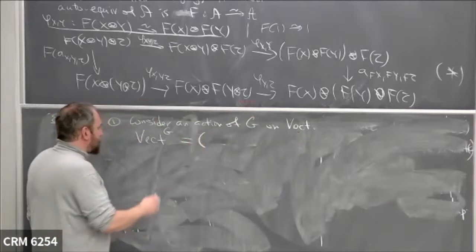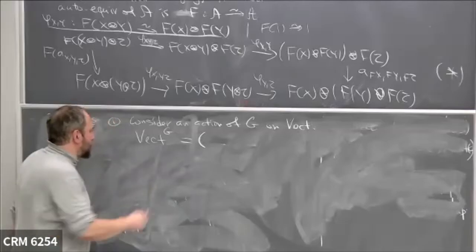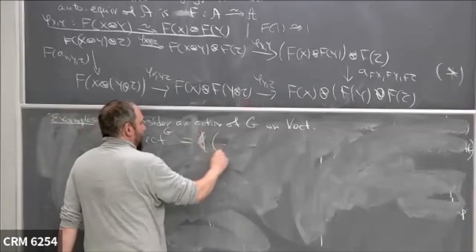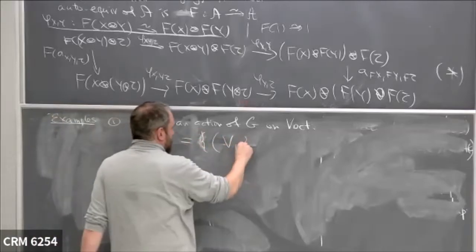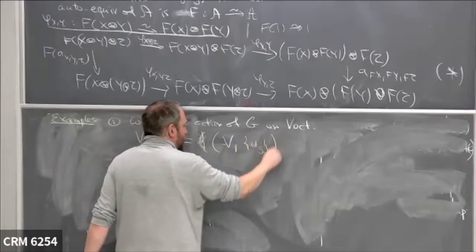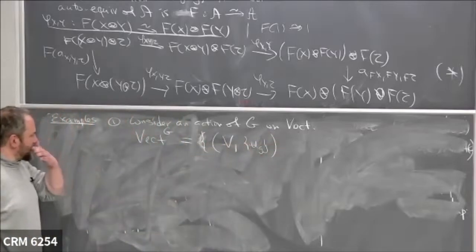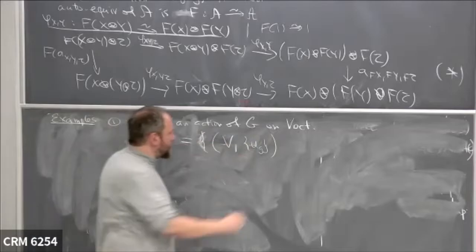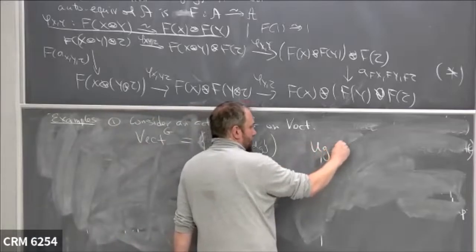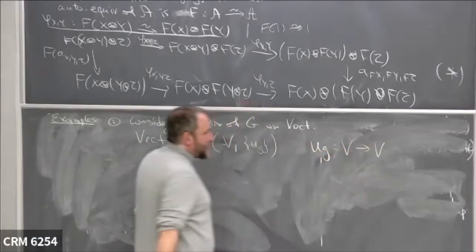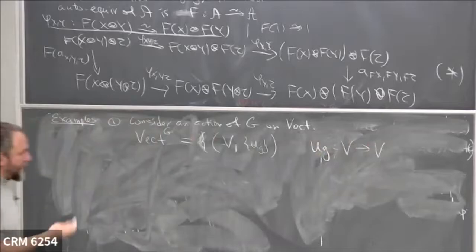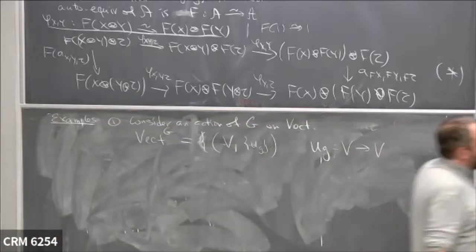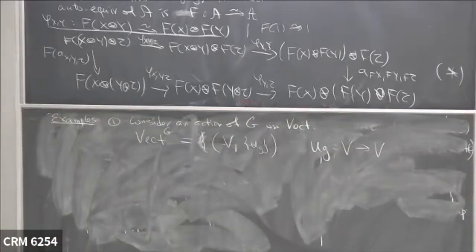Well, by definition, its objects are pairs: a vector space V along with this collection of isomorphisms U_g from V to V. Now, the diagram that we wrote here tells you that this map U_g is a representation of the group G, right?